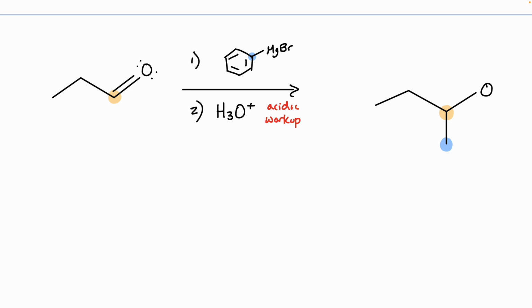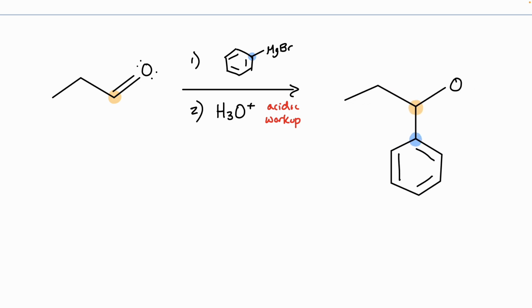So then I just attach everything that blue carbon had around it, which in this case was that benzene ring. All right, and then when I do my acidic workup, that step is what protonates that oxygen, giving me a hydroxyl group, giving me an alcohol.